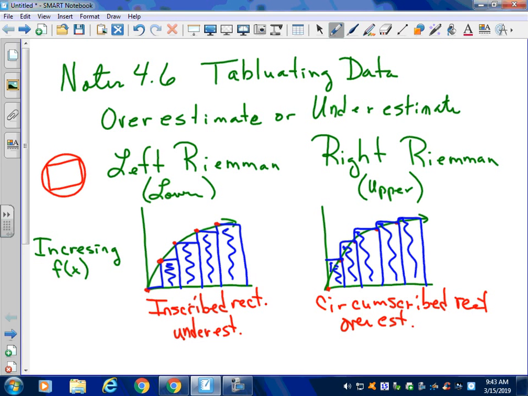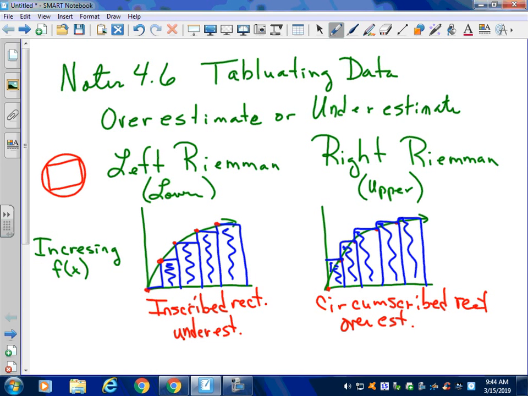Now, these were both increasing functions, meaning the function's going up. We don't have to have a graph to know a function's going up. If we look at a table, can't we tell the numbers are going up? Yeah. Okay. So if I told you, looking at a table or a graph, do a right Riemann sum and tell me if it is over or under estimation, you would first have to think about, well, when it's an increasing function, which one of these do I have?